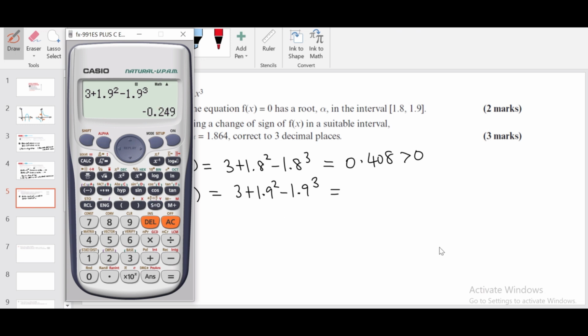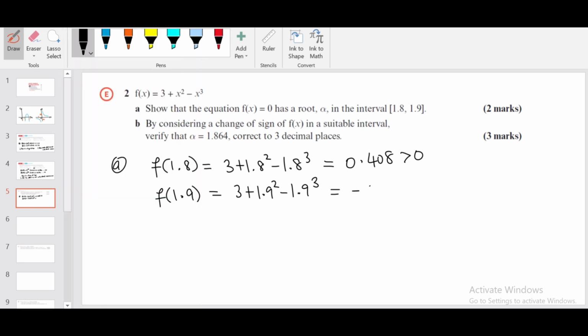I get a negative number, negative 0.249. You need to show it's less than 0, and then write the conclusion. There is a change of sign, therefore f of x has at least a root alpha. You need to mention at least a root alpha in the interval. You can just write this as a conclusion.